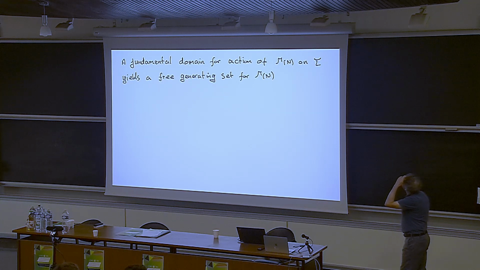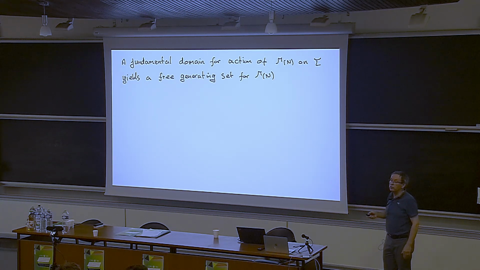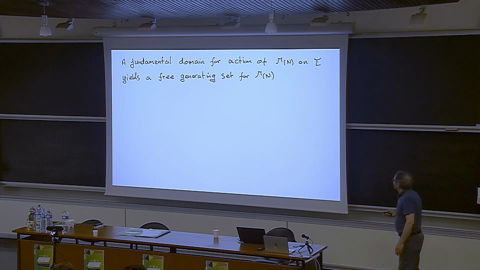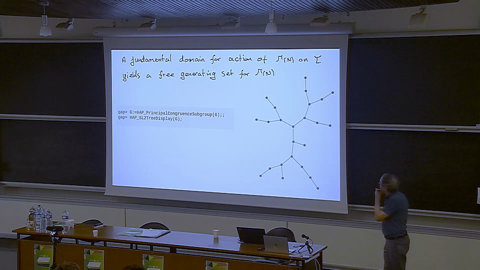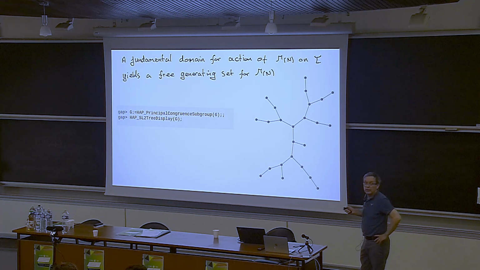So if you want a fundamental domain for a group, which I've concocted nicely now, which acts freely on a tree, then you don't have to go too far. That's going to be a free group, because the action is free. So you can calculate that in GAP. I won't press the commands. But if you take n equal to 6 and you implement the principal congruence subgroup, gamma 6, it constructs a fundamental domain.